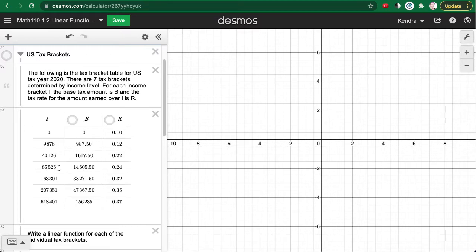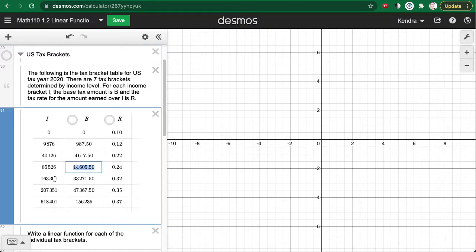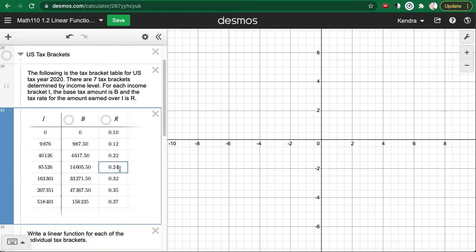If your income is between $85,526 and $163,300, then you have this base tax amount. You have to pay $14,650.50 base rate, plus 24% of however much you earned over that $85,526.